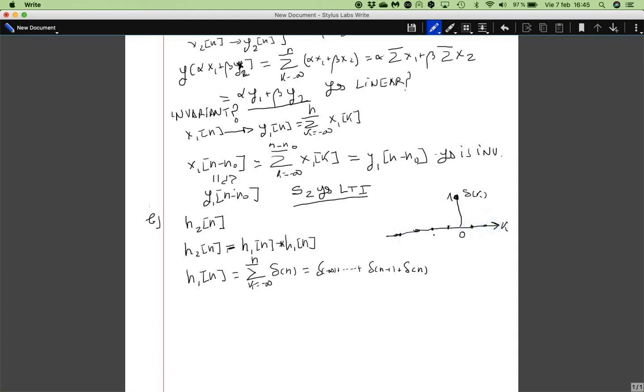This is delta of k, okay? So let's imagine that we have an n to calculate h1[n] for delta[n]. We can have two cases: that n is over here, so n is negative, or that we have an n over here, which is n positive.